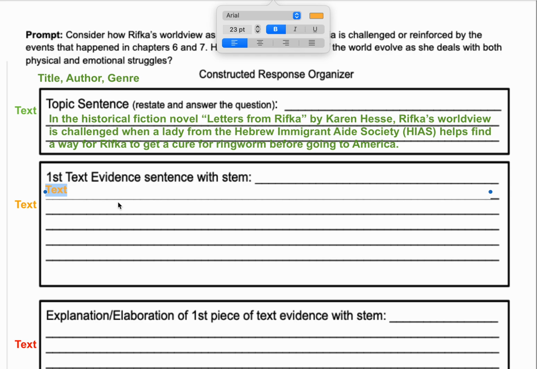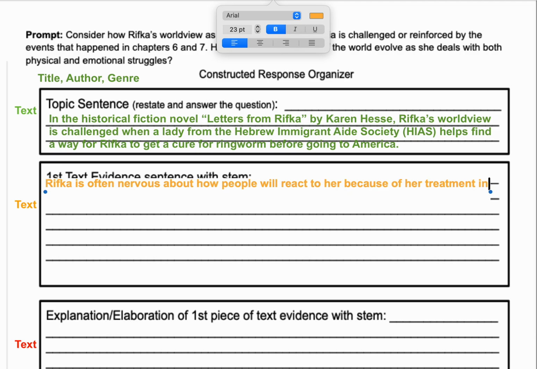So we're going to write, Rifka is often nervous about how people will react to her because of her treatment in Russia for being Jewish.